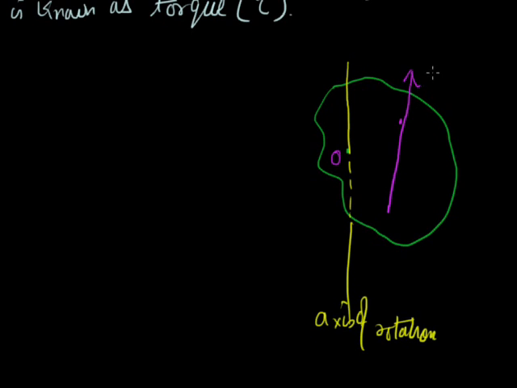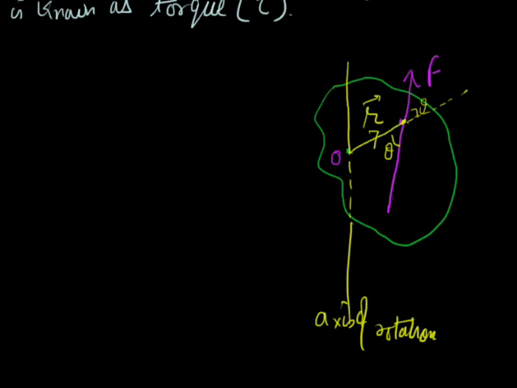The distance between the point of application of force and this axis is R. This is the origin. The angle between R and F is theta. Why? If we extend this R, then this angle is theta, so this angle will also be theta.